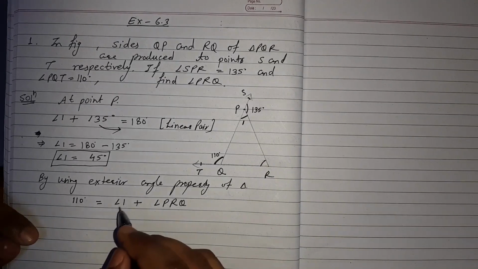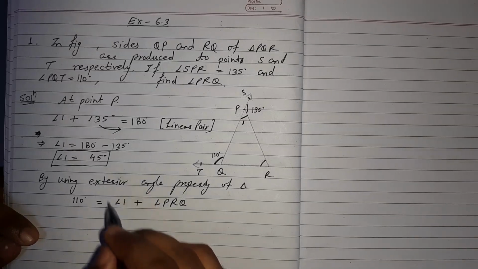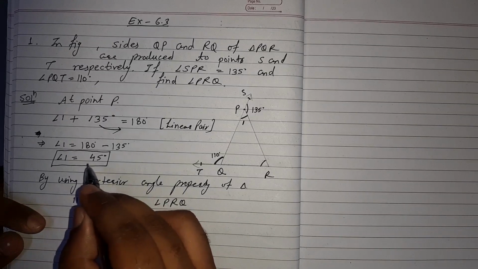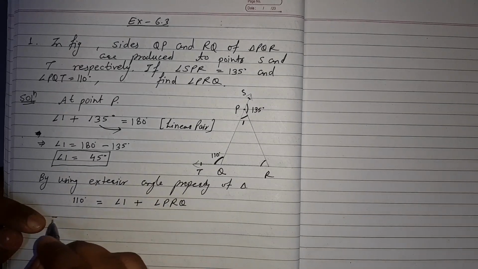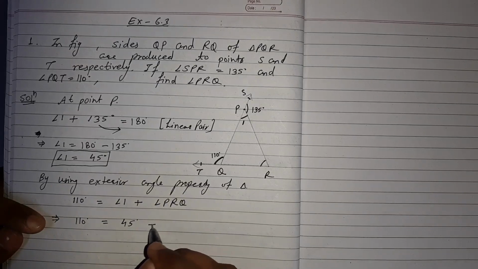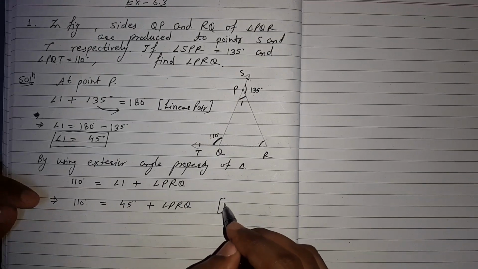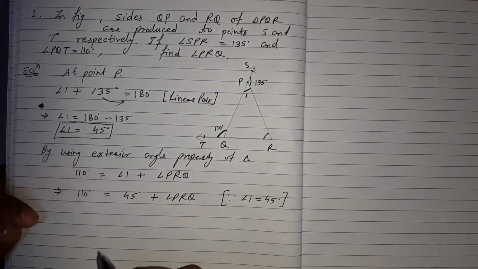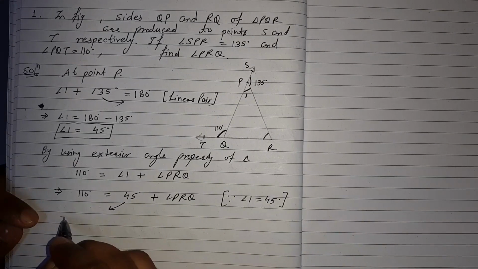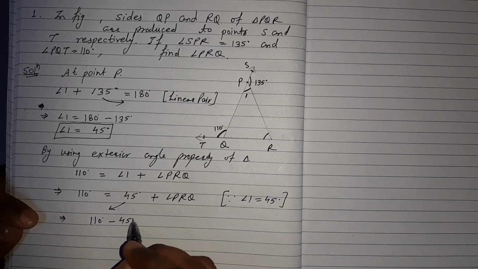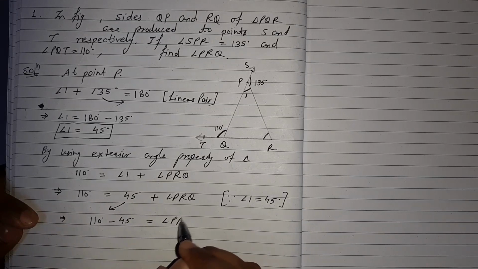Now the value of angle 1 we can replace, because we have already calculated it. Put this value here, angle 1 is equal to 45, plus angle PRQ. Now transpose 45, so it will be negative. The next step will be 110 minus 45 degrees is equal to angle PRQ.